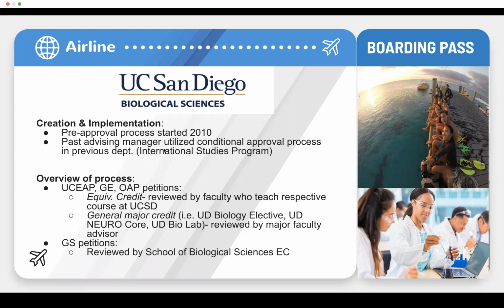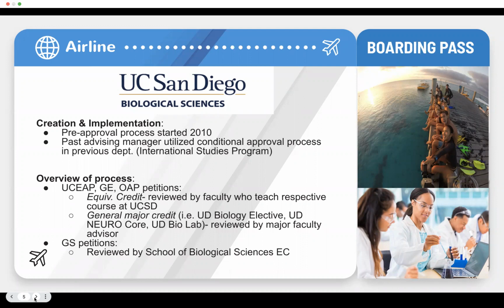And then all of these program abroad courses are essentially eligible to be conditionally approved, pre-approved, before students go abroad. The one exception that I didn't list on this page, but that I'm going to share, is if a student is planning to go abroad and participate in a research project.